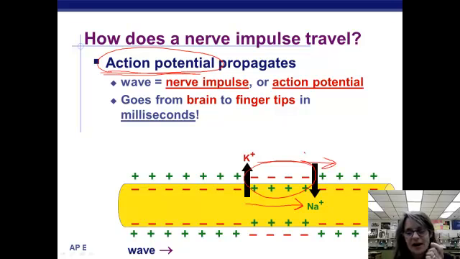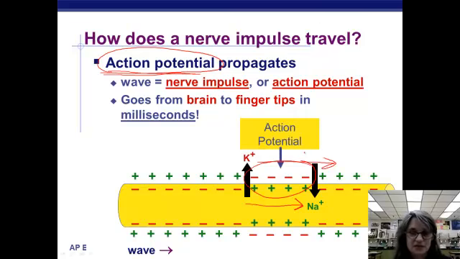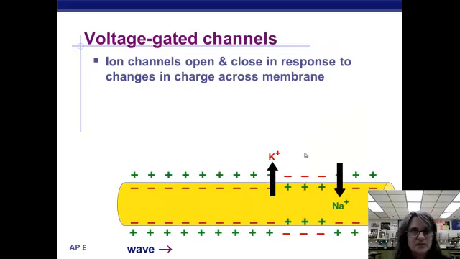Now, how miraculous is that? It is absolutely astounding to think of that happening so fast, such that we can think and talk and do all the things that we can do. Okay, so action potential, very important term for you to know.